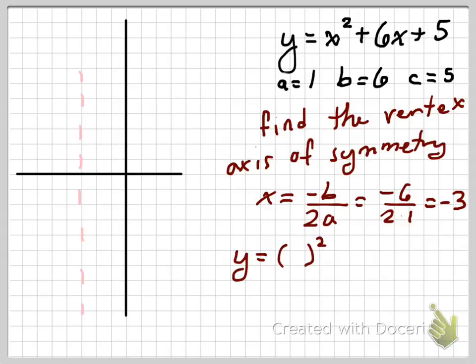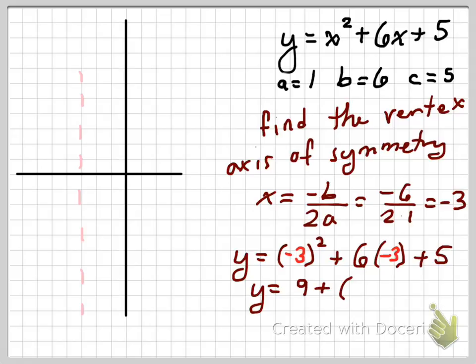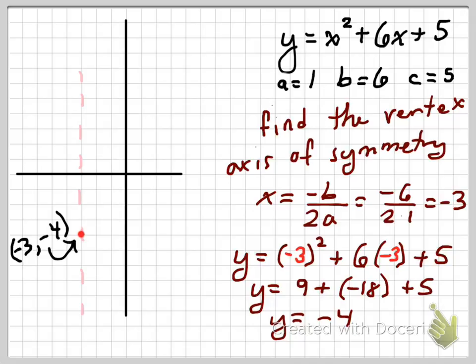So we have our equation, and we're going to take our negative 3 and plug it in so that we can find out what our y value is. We do the calculation just like we did in class today, and we're going to find that y equals negative 4. So we can plot a point at negative 3, negative 4, and that is going to be the vertex of our quadratic equation.